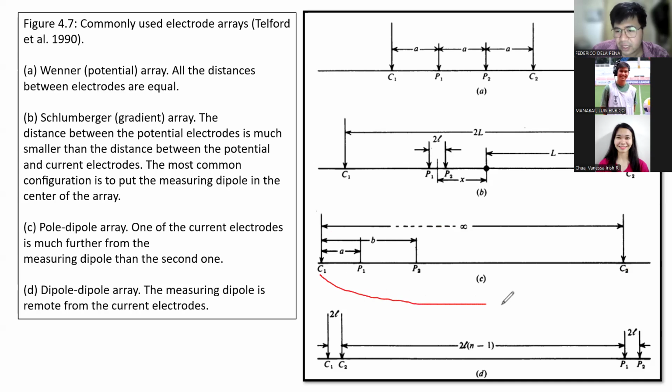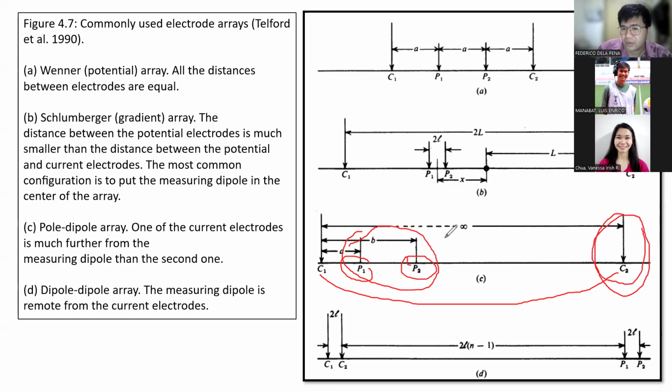So in here, you have your current electrode on the outside, and then you have your potential electrode on the inside. And the potential pair is closer to one end of your current electrode, and this other current electrode is infinitely far away, okay, from this one. So this is very, very far. Okay, so this electrode is very far away from the other electrodes. Okay, that's quite lonely.